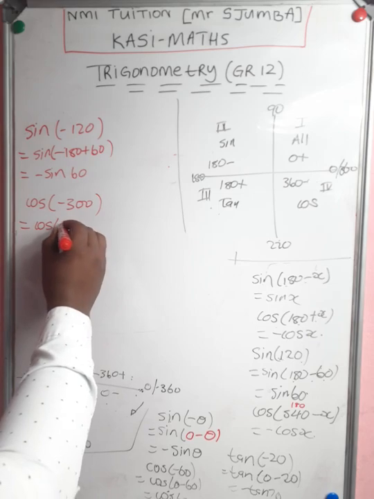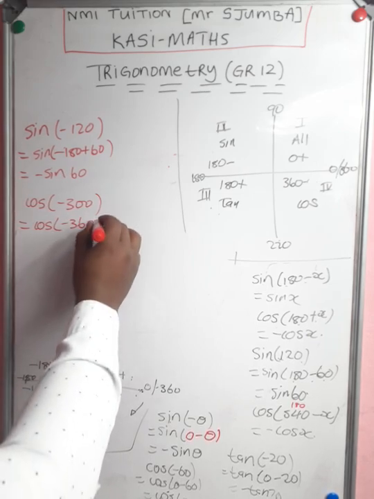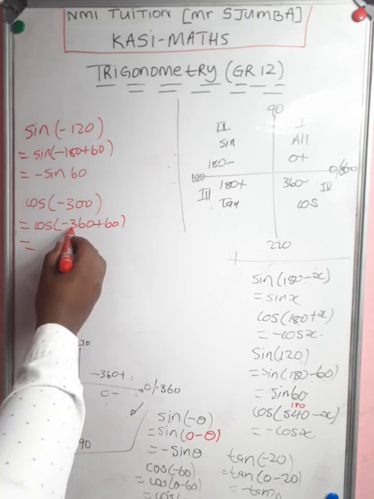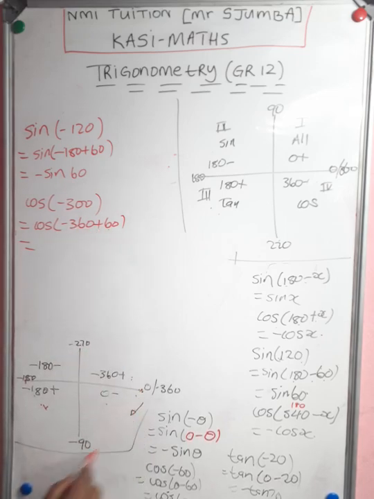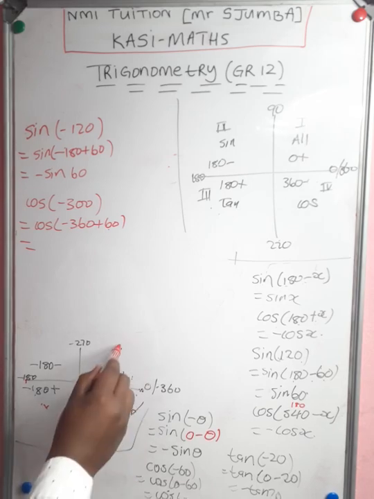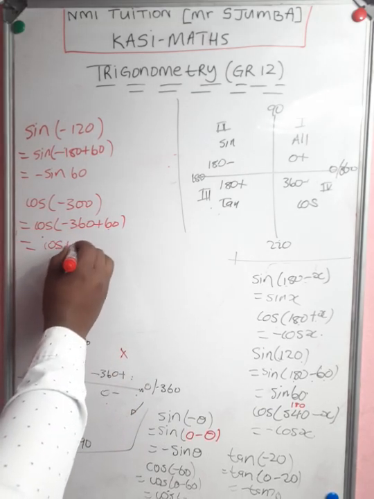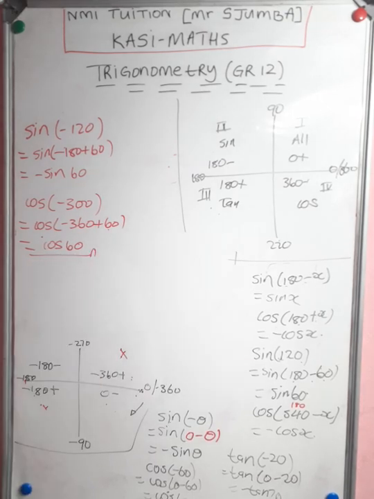So we're going to use minus 360 plus 60. So minus 360 plus, minus 360 plus quadrant 1. Cos is positive. So we get positive cos 60.